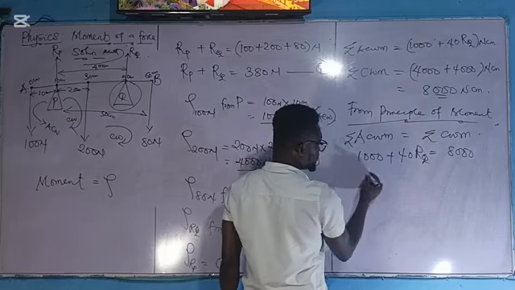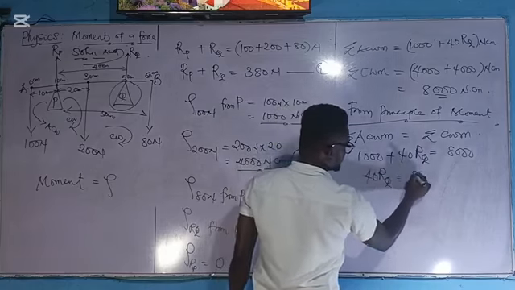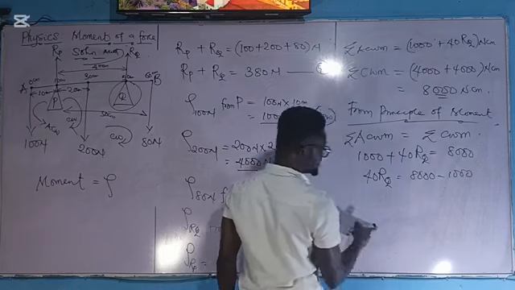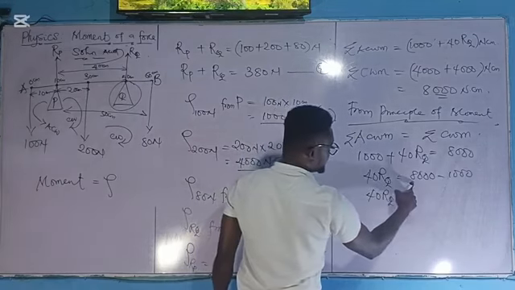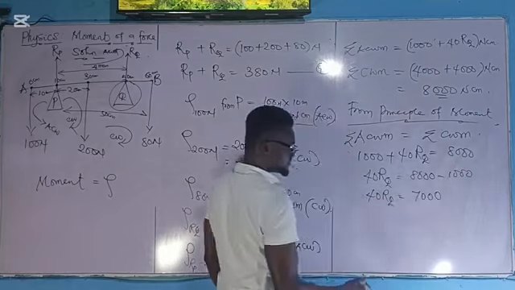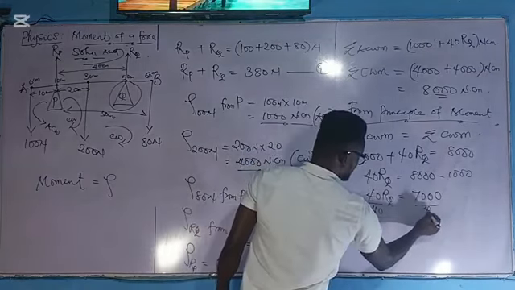So in that case, we make RQ the subject. If 1000 should cross the equality sign, then we have 40 RQ equal to minus 1000, right? So 40 RQ will now be 8000 minus 1000 will give us 7000. Now divide both sides by 40.